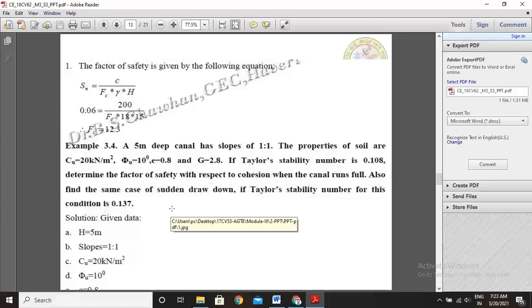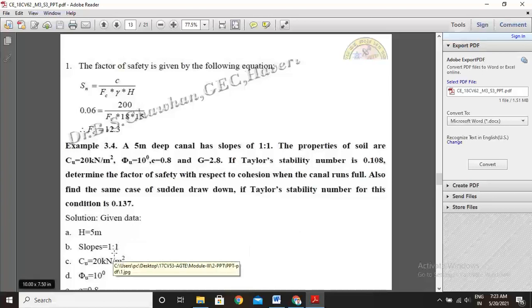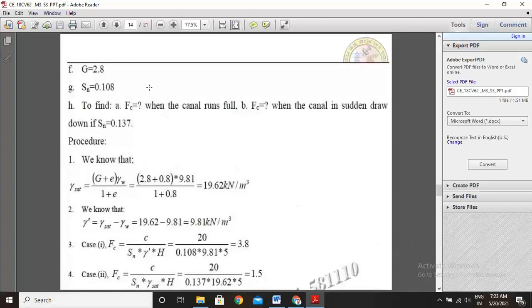Solution, given data, H is given 5 meter, slope is given 1:1, Cu is given 20 kilonewton per meter square, phi u is given 10 degree, e is given 0.8, G is given 2.8, Taylor stability number Sn is given 0.108.